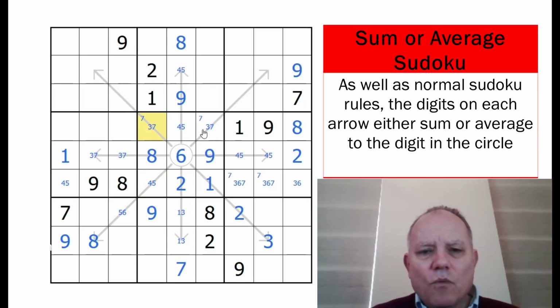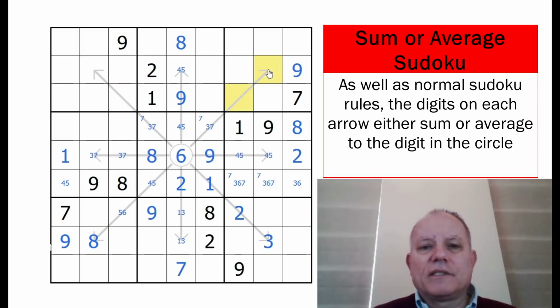Now up here, one of these is going to be a 3. And for that to be an average, the other two cells would have to be 9 and 6 or 8 and 7. These ones can't be 9 and 6 or 8 and 7 because you've got a 9 in the box, 8's in the columns.